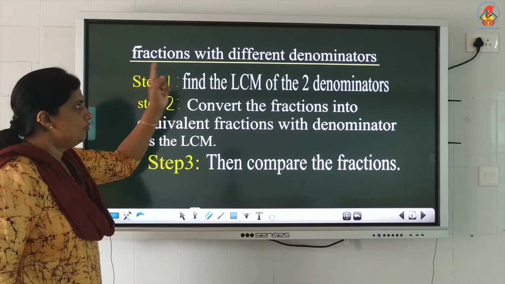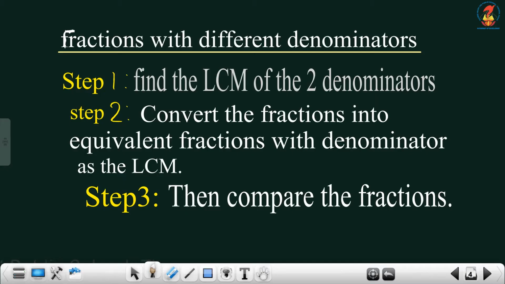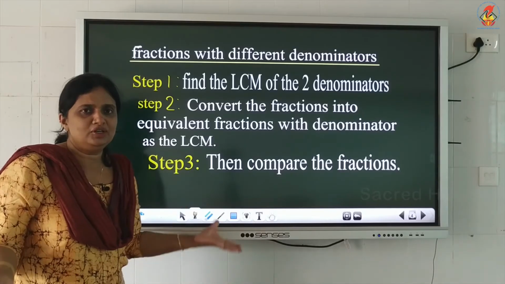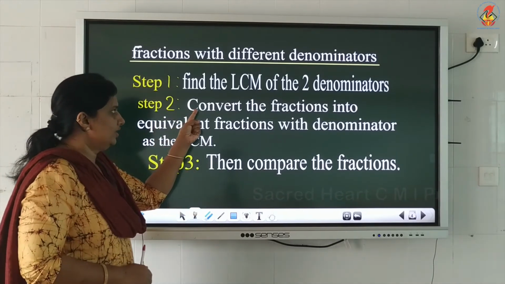Step 1 is find the LCM of the denominators. First we need to find the LCM of the denominators. You know how to find the LCM, that you studied in the last chapter, right?